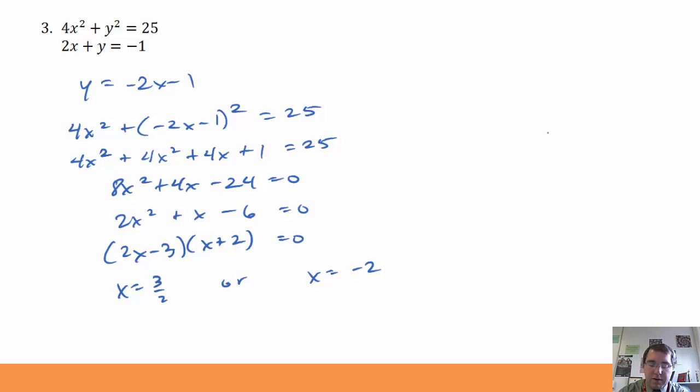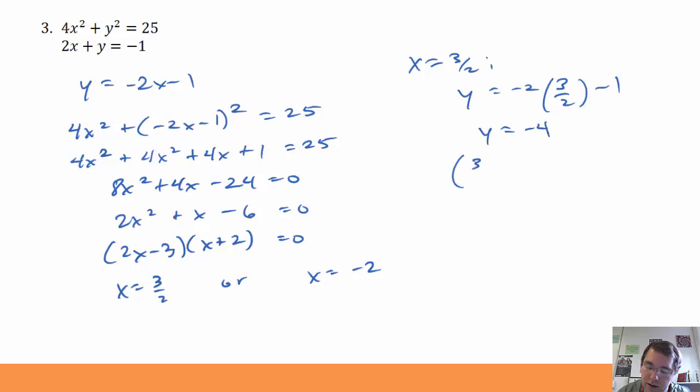And I'll substitute negative 2 in, and I'll find the y that goes with that. So when x equals 3 over 2, I'll have y equals negative 2 times 3 over 2 minus 1. So y then would be negative 3 minus 1, which is negative 4. So I know the point 3 halves comma negative 4 is a solution.